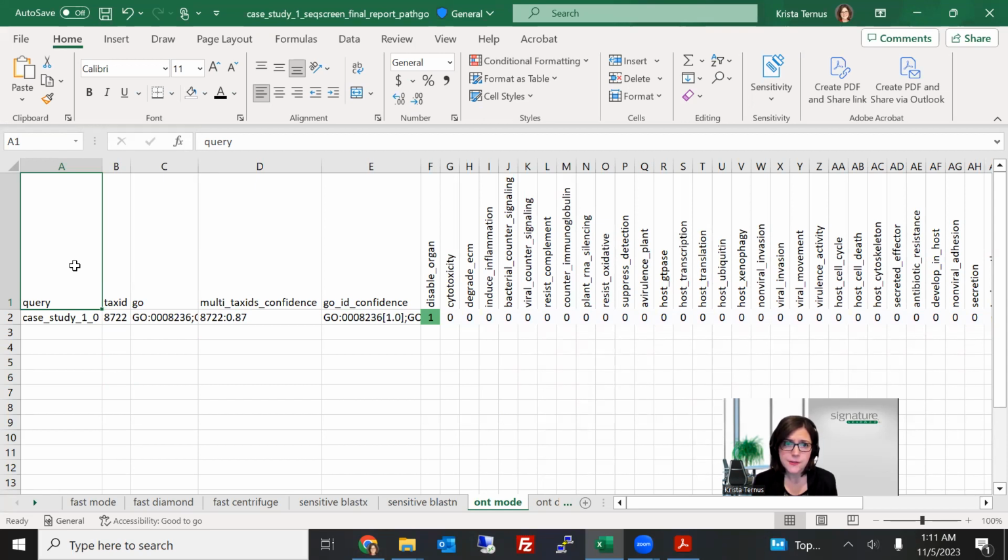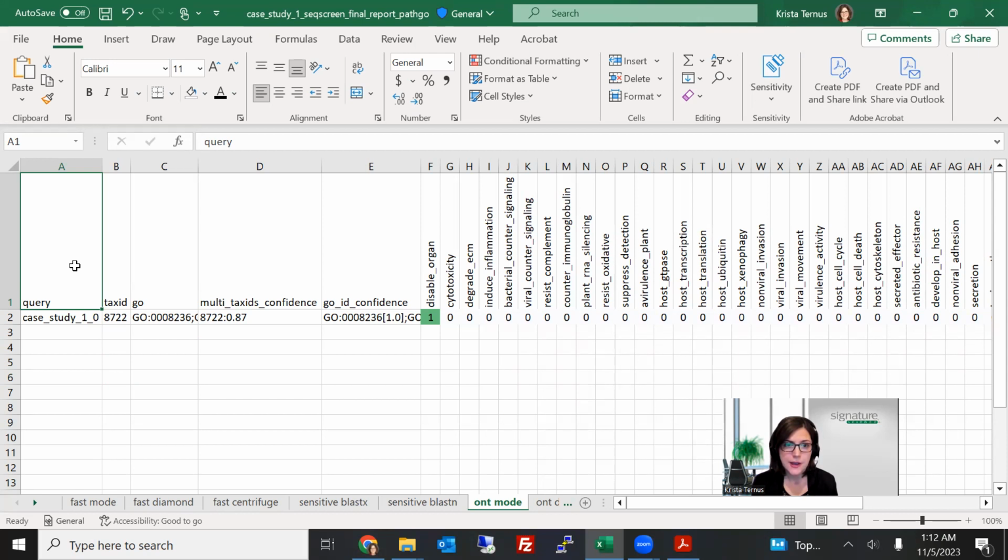I think the reason is that ONT mode is made to look at long sequences and try to infer the open reading frames within them. Since this middle sequence was its own open reading frame of a particular protein, it focused on that in its reporting in the ONT mode SeqScreen results.